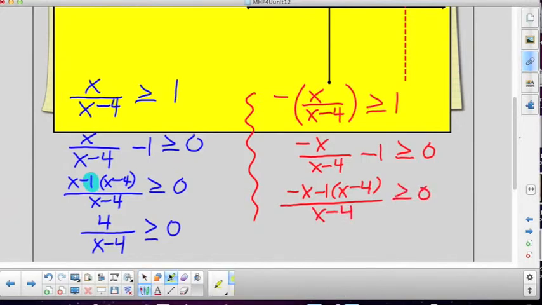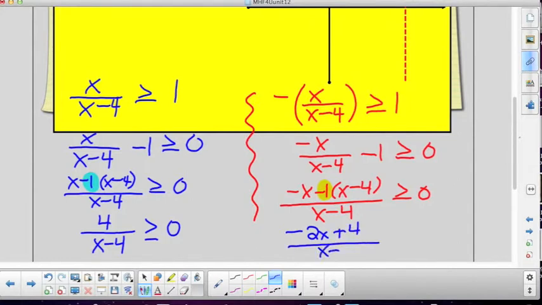Again, this is not FOIL, it's just the distributive property that negative 1 gets distributed. So when you simplify, you're going to have a negative 2x plus 4 over x minus 4 is greater than or equal to 0. You're solving two separate equations in one question.